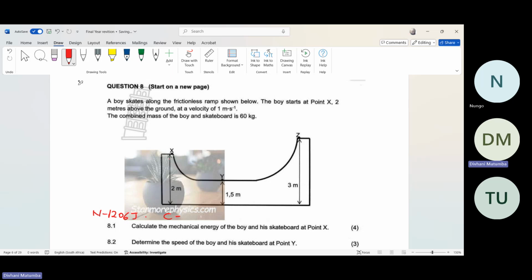First step, find a point with a known velocity and a known height. They said the boy starts at point X, 2 meters above the ground. So we know the height, that's number one. Number two, at X, we know the velocity is 1. So that's where you're going to calculate your mechanical energy.